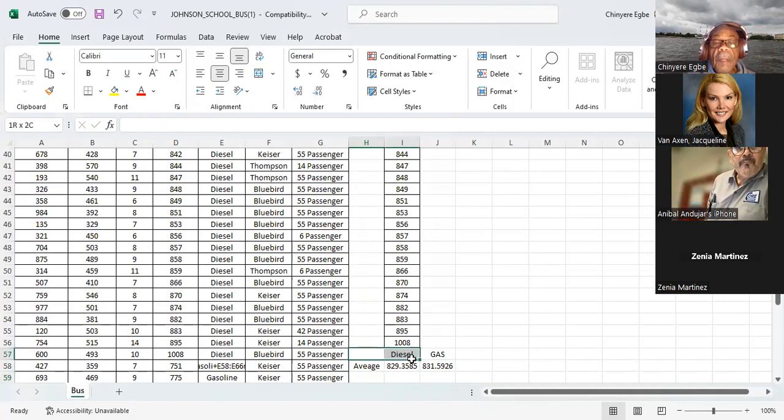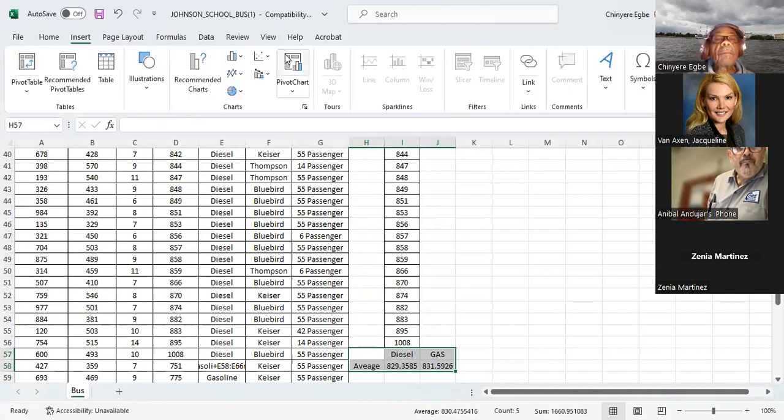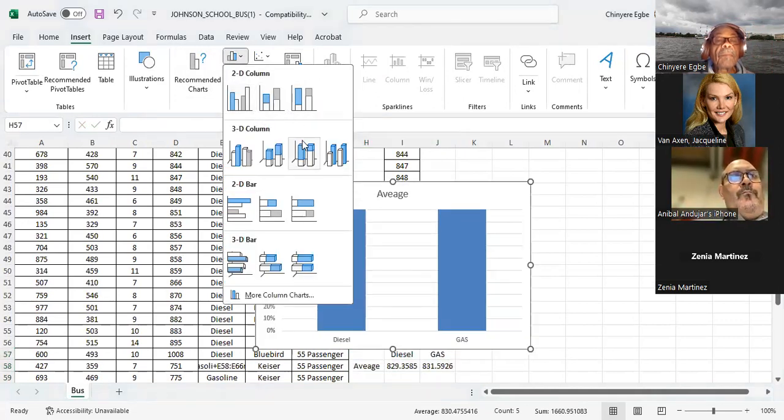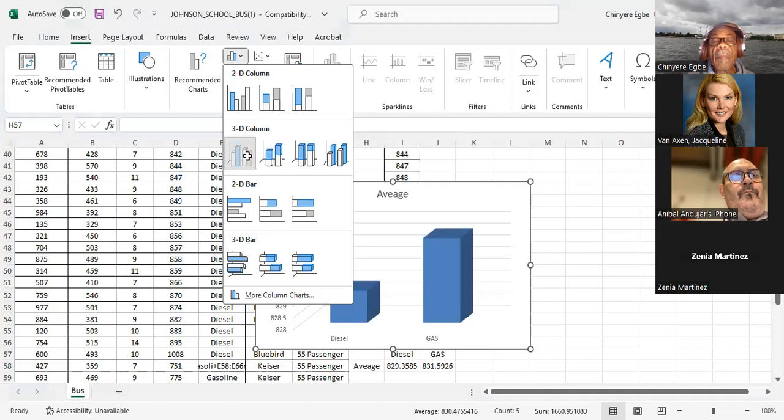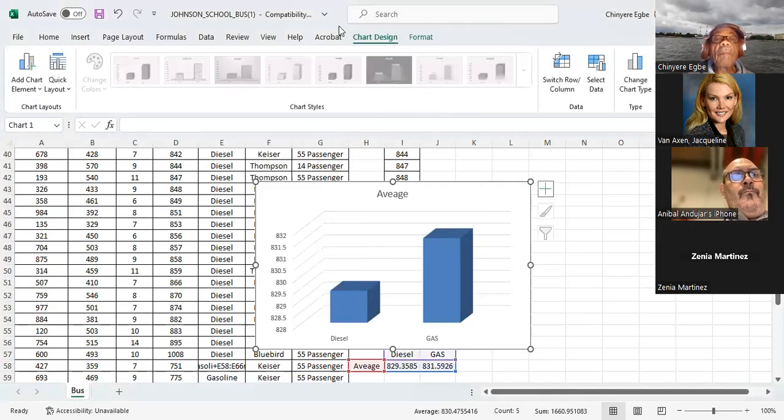And like I said, make a chart. See, it's very simple to make a chart. You insert. And you make a chart.